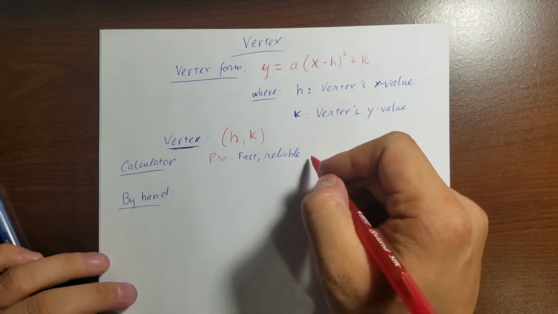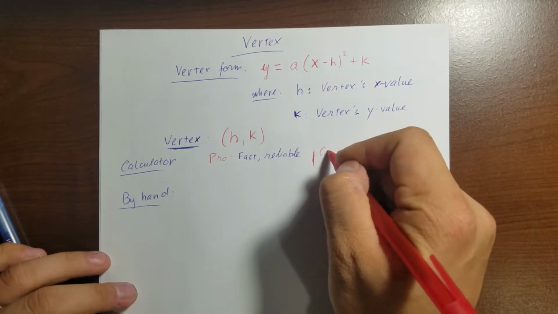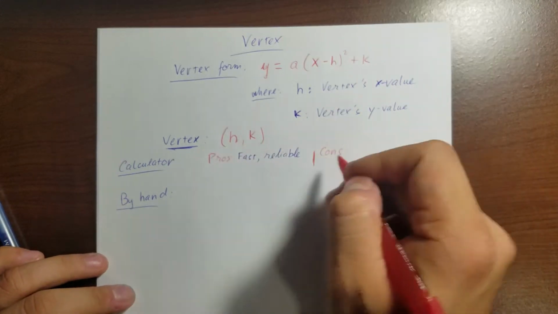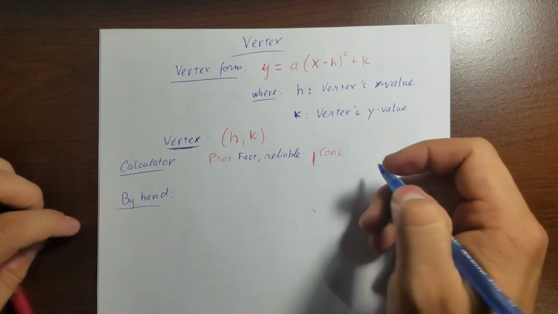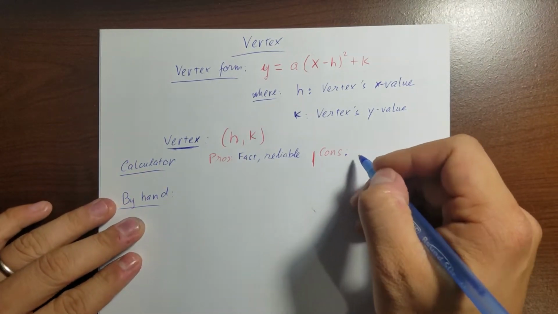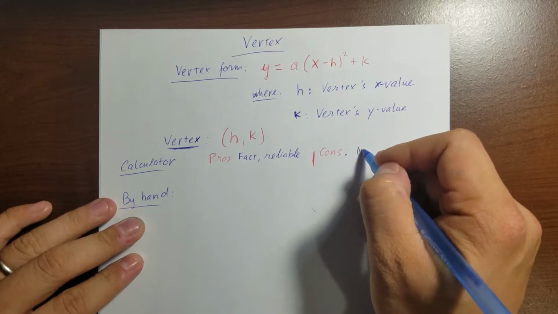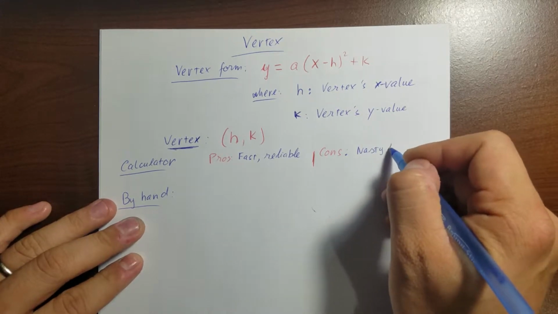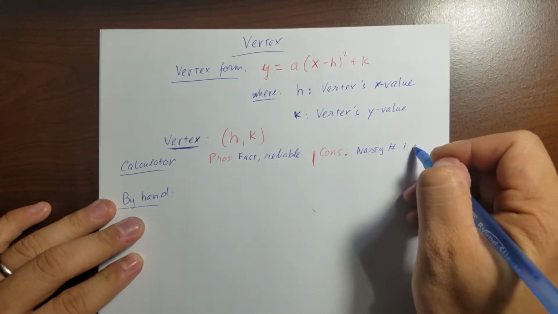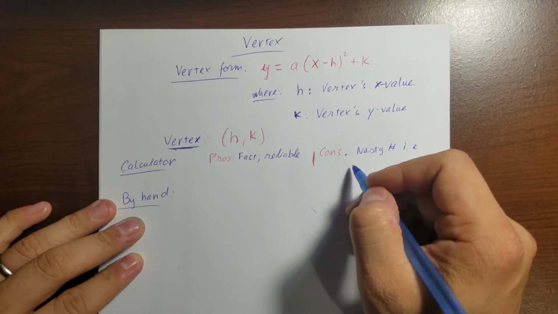So what are the cons, you may ask? It will give you a nasty number, meaning a long decimal.